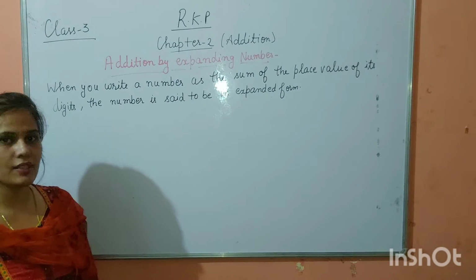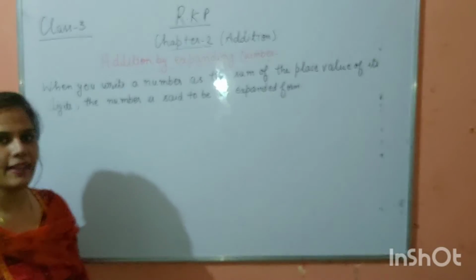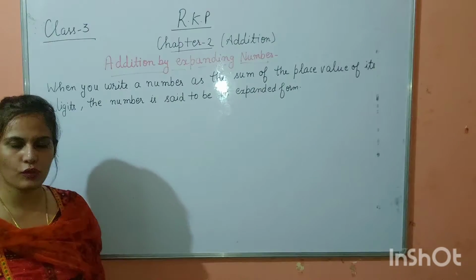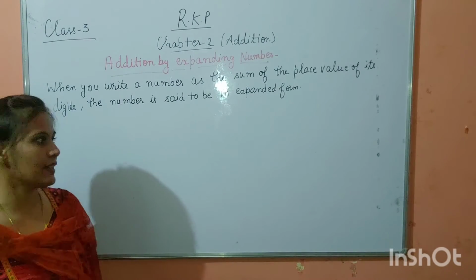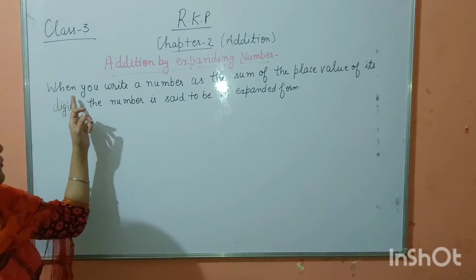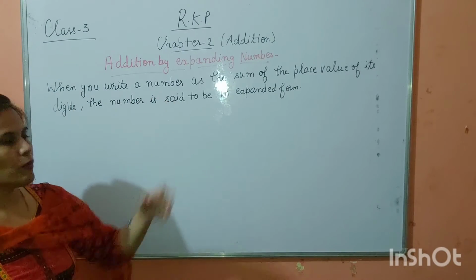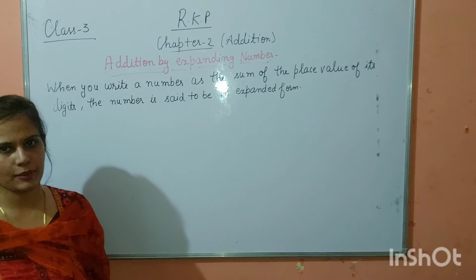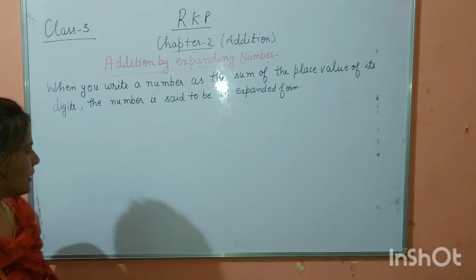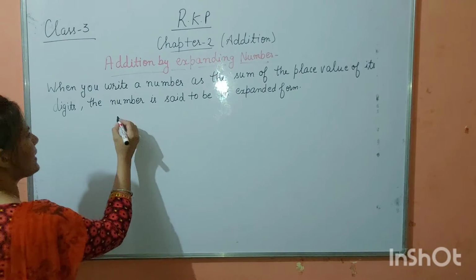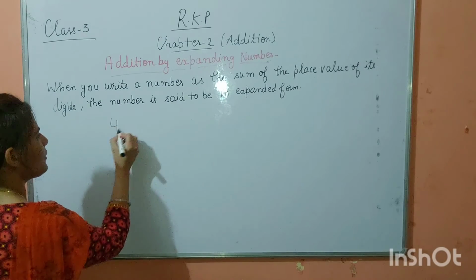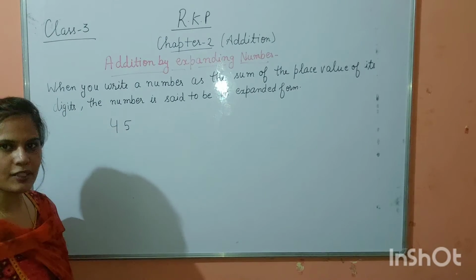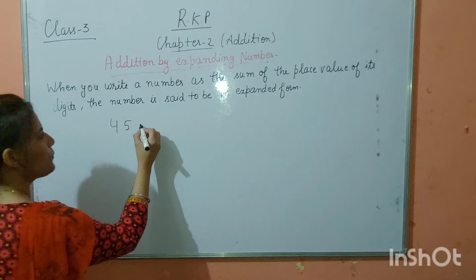Now students, our second topic is addition by expanding numbers. First of all, what do you mean by expanding a number? When you write a number as the sum of the place values of its digits, the number is said to be in expanded form. Like we will take an example. If you are given 45, how will you write it in expanded form?